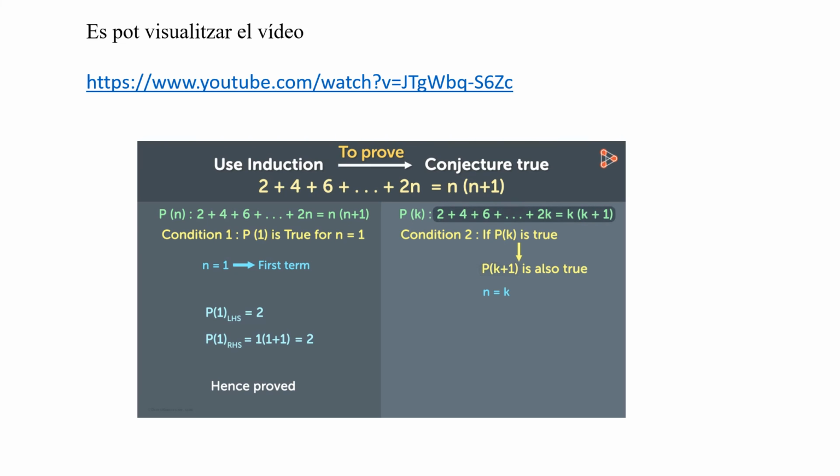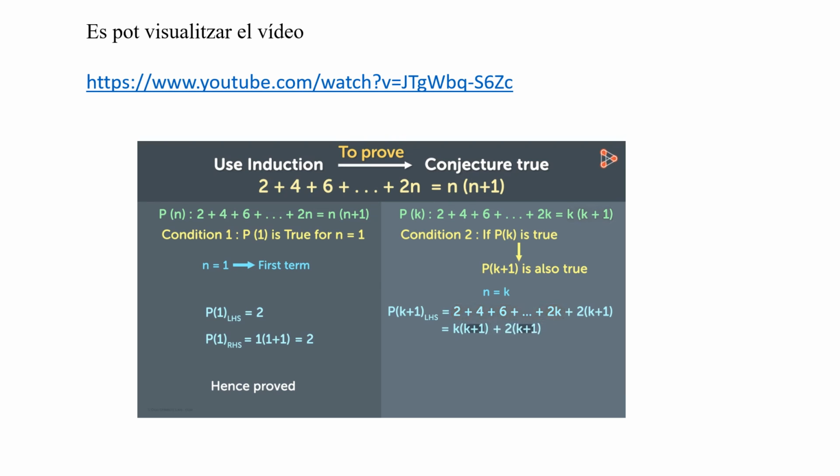The left-hand side of P of k plus 1 is 2 plus 4 plus 6 up to 2k plus 2 multiplied by k plus 1. How do we simplify this? Look at this part. We have already seen that this is equal to k multiplied by k plus 1. So we replace this part with k times k plus 1.